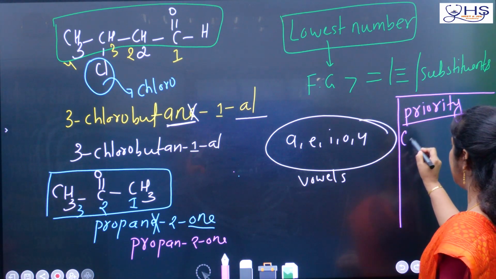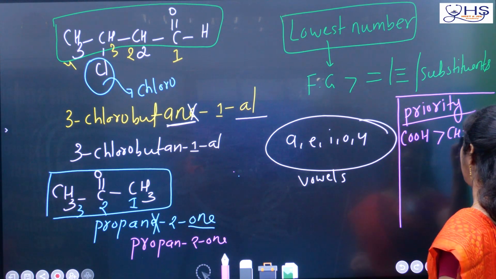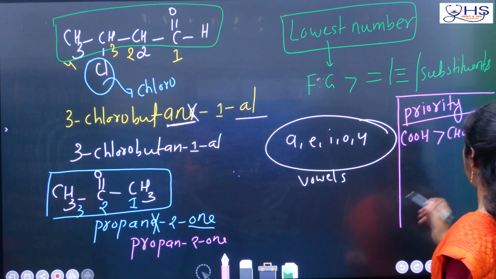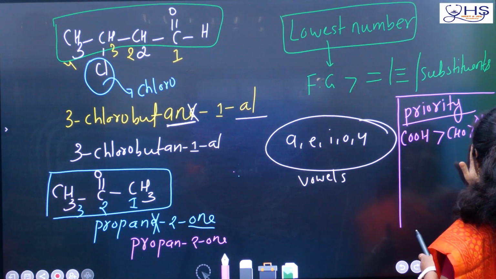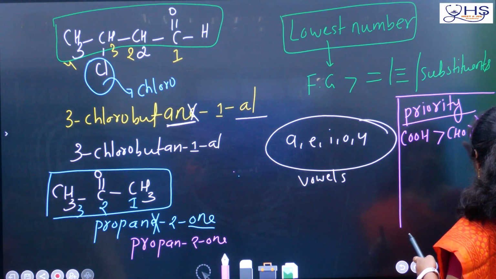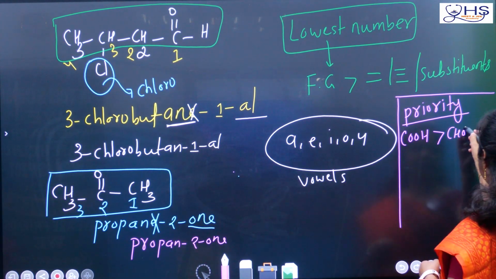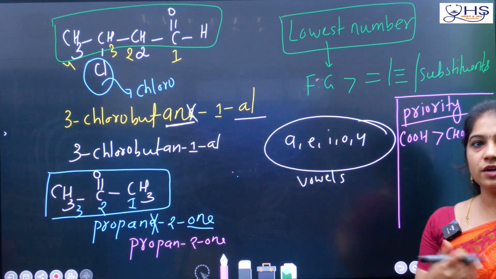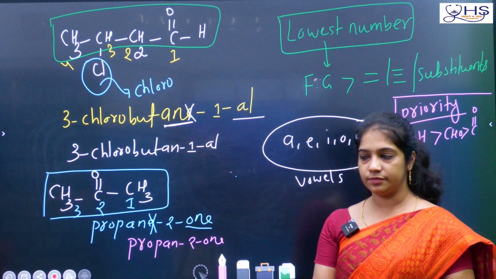For example, priority of carboxylic acid is more than aldehyde, than ketone. So if both aldehyde as well as ketone are present, the higher priority functional group will be chosen as the major or principal functional group. Then the other functional group will automatically become a side chain or substituent.